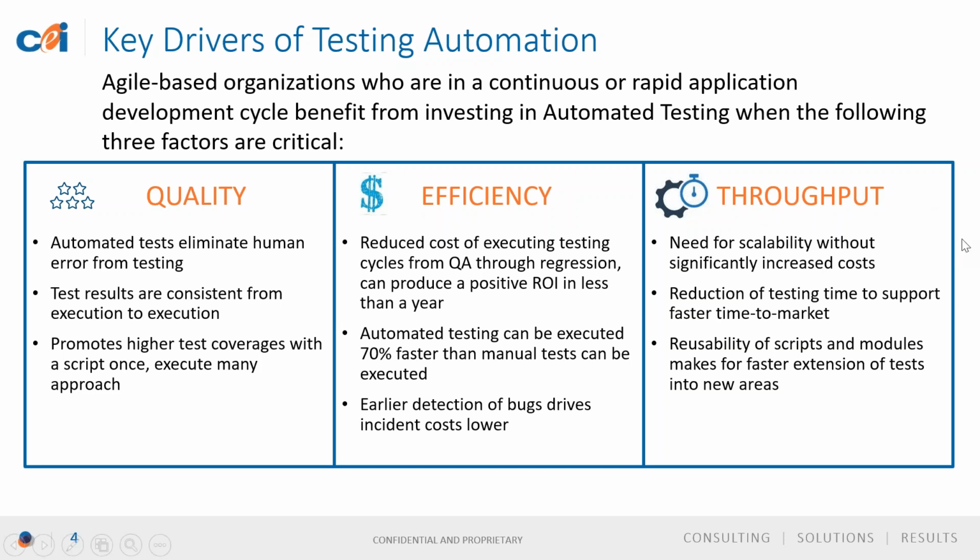It's about removing human error. It's about consistency in execution and therefore the results from that. And then, of course, it's about extending the coverage of the tests, easily being able to scale, which leads a little bit into efficiency for us.